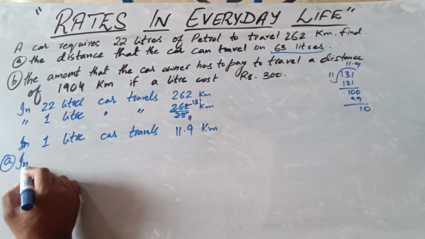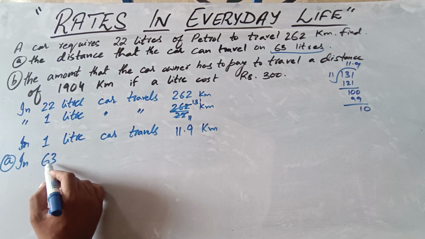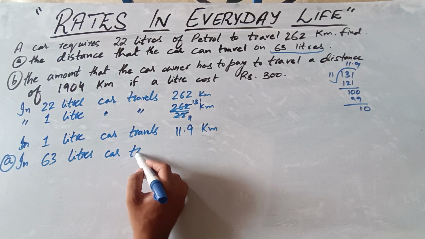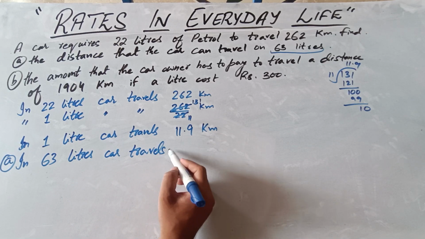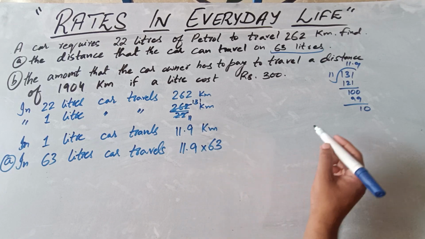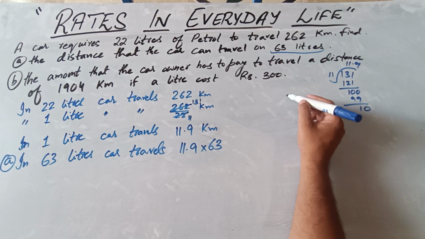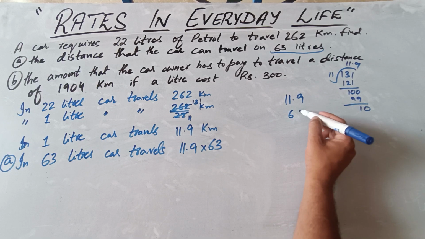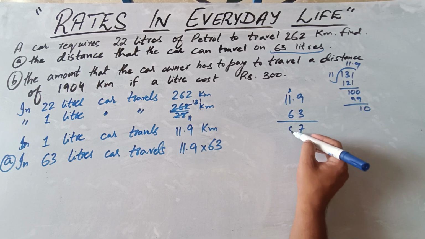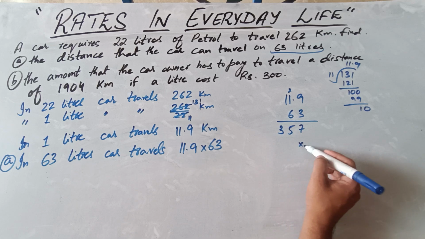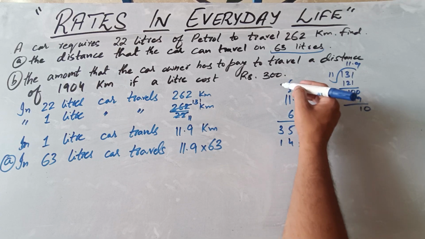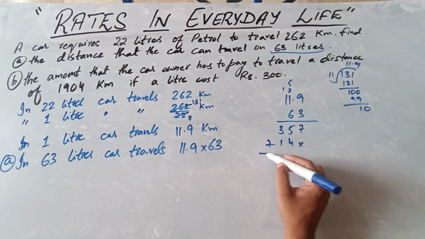Now we will say that 1 multiplied by 63 gives us 63. In 63 liters car travels, so we will multiply this also by 63. So this will give us 11.9 multiplied by 63. So 3 9s are 27, 3 1s are 3, plus 2 is 5, 3 1s are 3, 6 9s are 54, then 6 1s are 6, 11, then 6 1s are 6, 7.